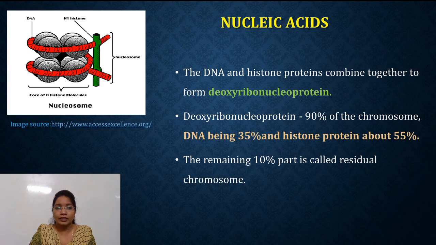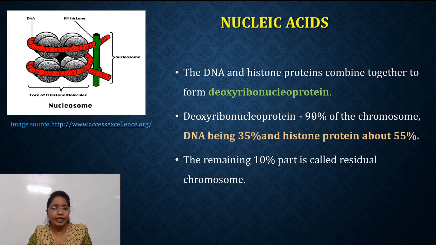So these are the histone proteins and on that there is a wrapping of DNA. So DNA and proteins, okay, and they form a complex called as deoxyribonucleoprotein. So in 90% of the chromosomes, the DNA constitutes 35% and the proteins constitutes 55%.